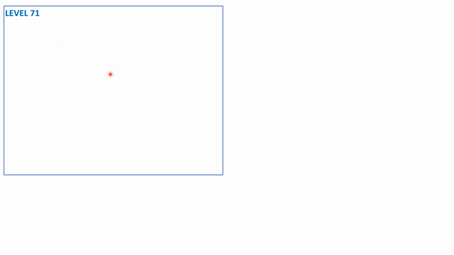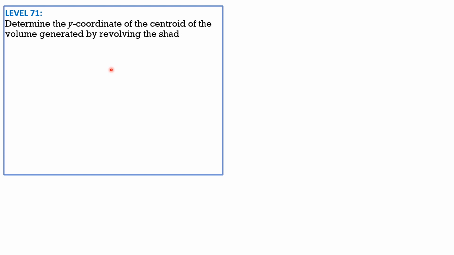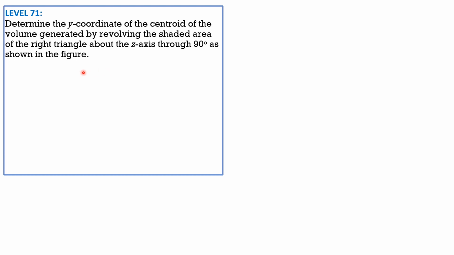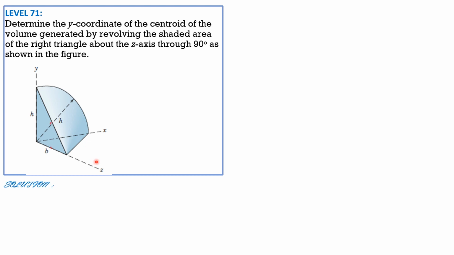Level 71. Determine the y-coordinate of the centroid of the volume generated by revolving the shaded area of the right triangle about the z-axis through 90 degrees as shown in the figure. So here's the figure, and let's consider the slab shown, which is a quarter circle.